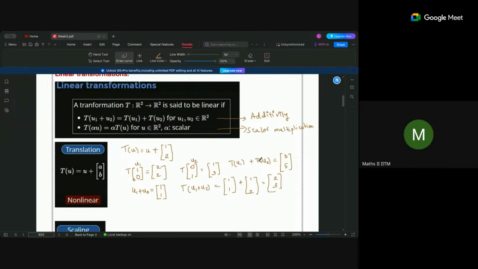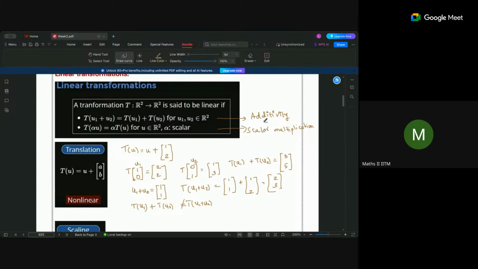So now, are these two the same or different? T of (u1 plus u2) is not equal to T u1 plus T u2, right? So it means additivity fails. Even if one of the properties fails, you can say that it is not linear, because for a linear transformation you need both these properties to be satisfied.